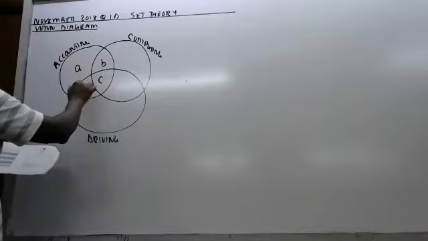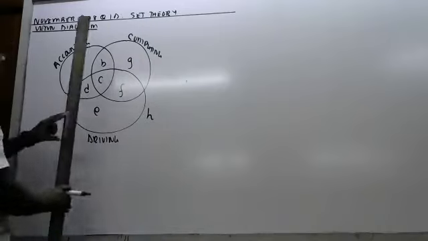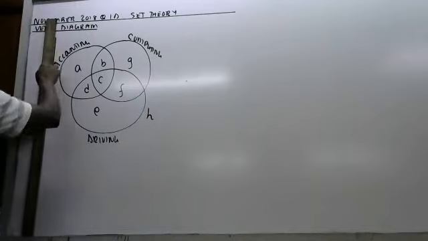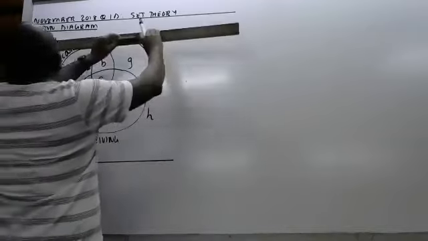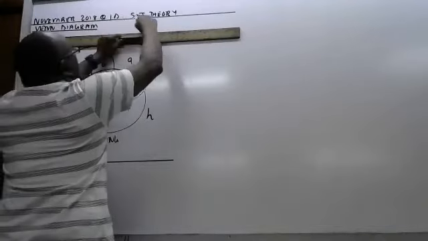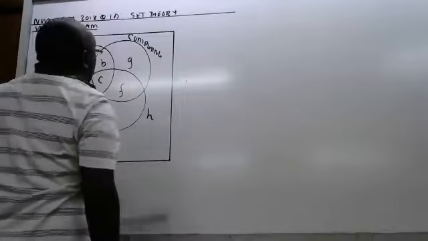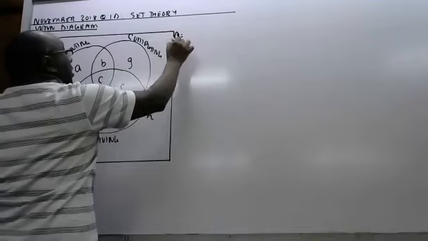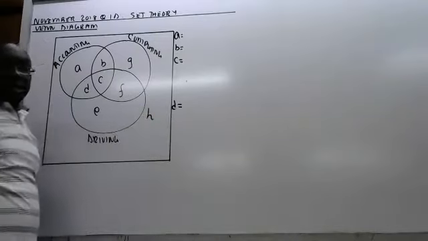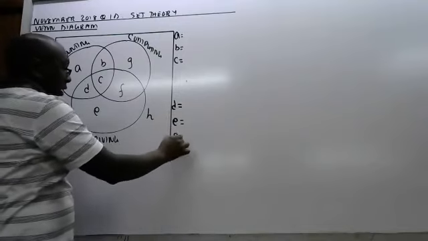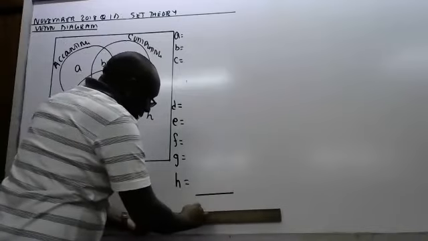So this is A, B, C, D, E, F, G, H. So here we have A, B, C, D, E, F, G, H, and then we'll have the total there.